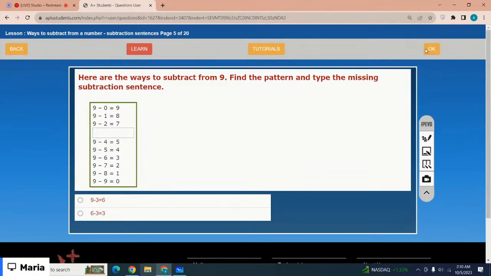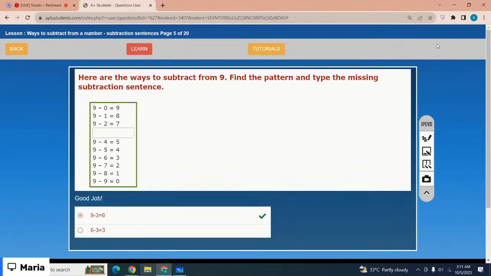Yes, that means the missing one is 9 minus 3 equals 6, right? Option number 1 is the correct option. The missing one is 9 take away 3 equals 6, right?